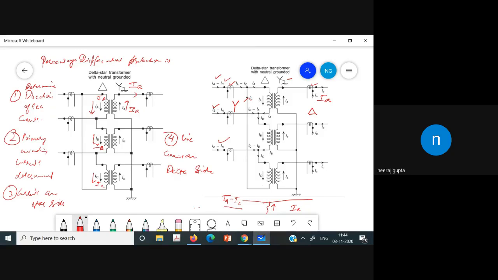So what we have done is calculate the line currents on both the star and delta sides.